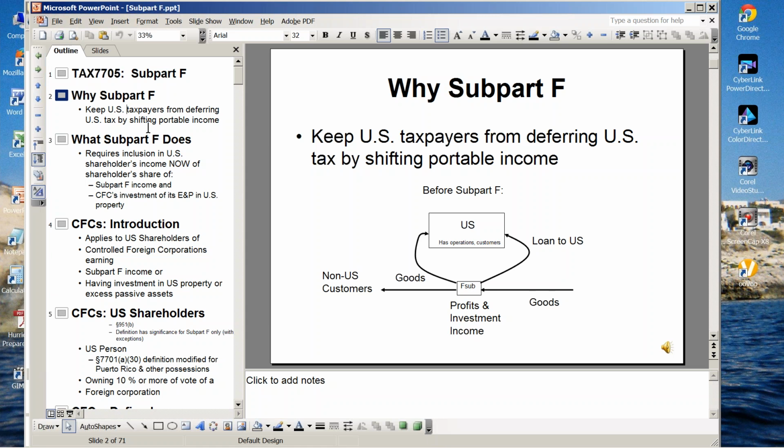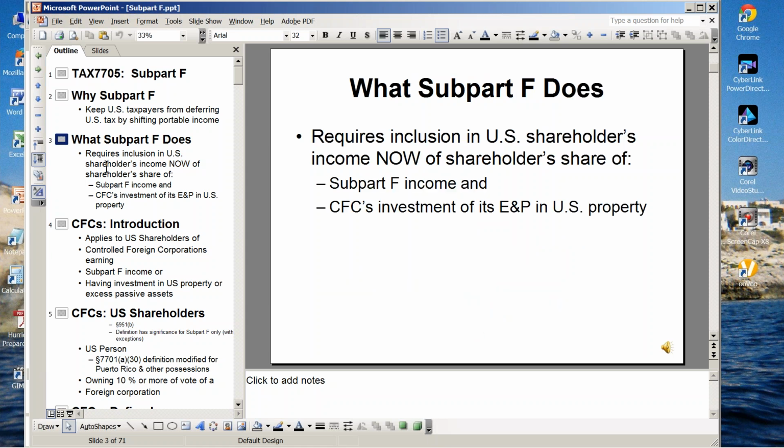Subpart F prevents exactly the scenario you see here on the screen, where a U.S. company shifts its profits into a foreign sub, and the profits could be in the form of investment income, intercompany sales income, or intercompany services income. So Subpart F directly attacks this, and here's what it does.